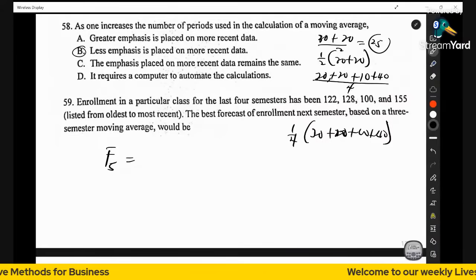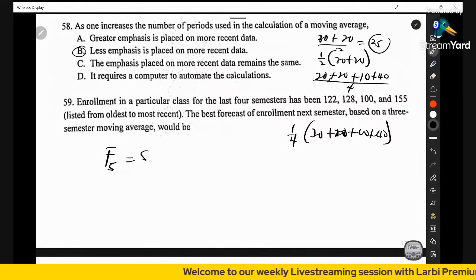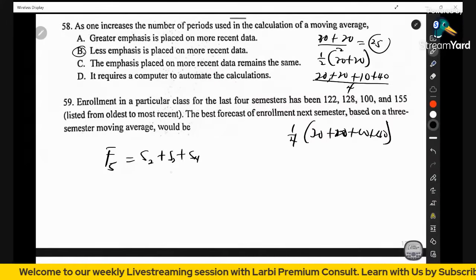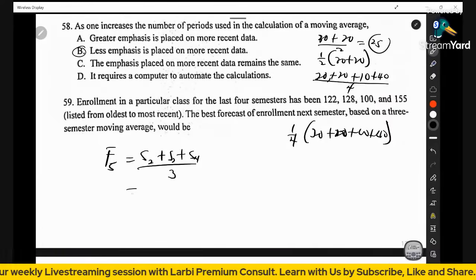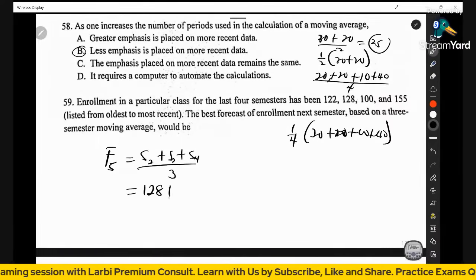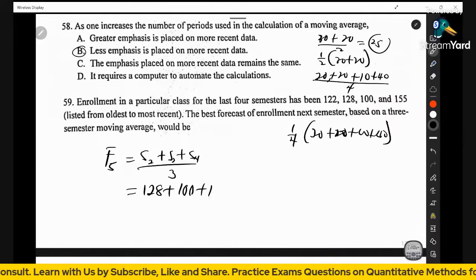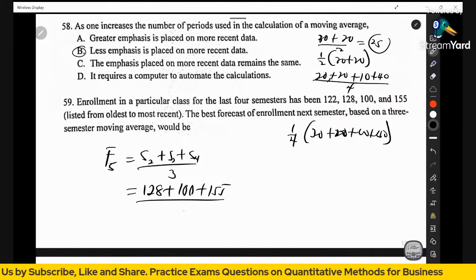So that's going to start from sem 2, sem 3, and then sem 4, divided by 3. Sem 2 was 128, sem 3 was 100, and sem 4 was 115, divided by 3.